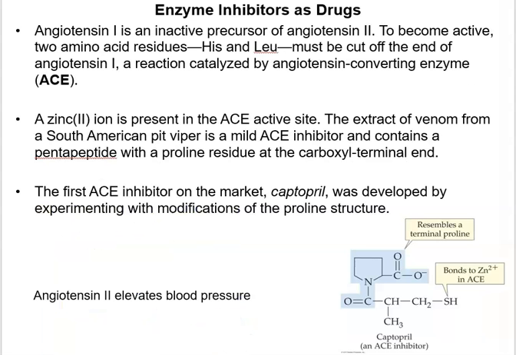Other types of drug classes have been identified and used. An example is angiotensin 1, which is a precursor to angiotensin 2, and angiotensin 2 is important for elevating blood pressure and causing the contraction of blood vessels. But the American pit viper has a component that acts as an ACE inhibitor, an inhibitor that blocks the conversion from angiotensin 1 to 2.